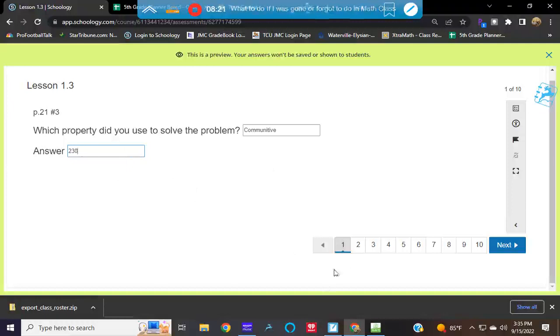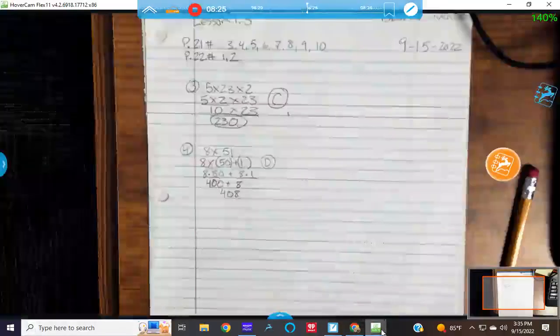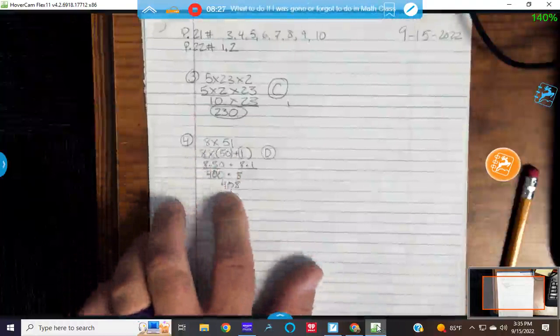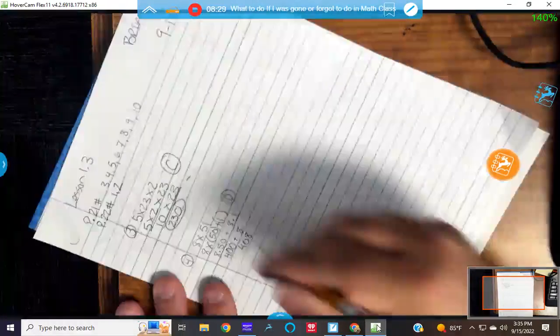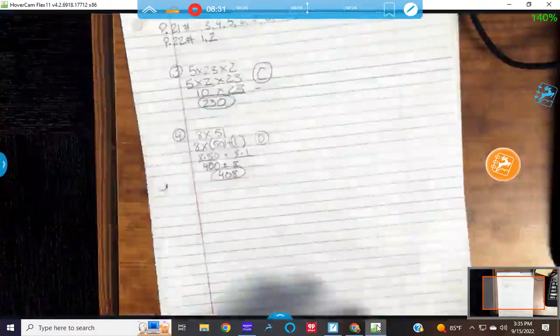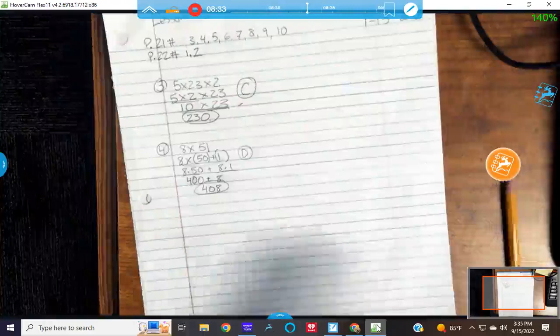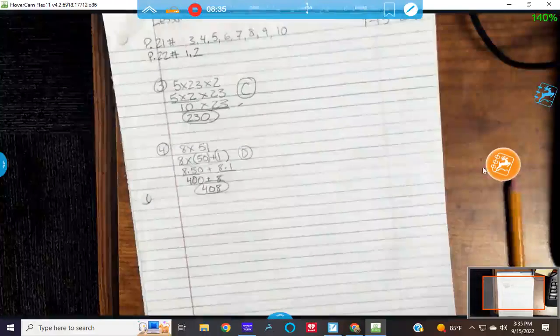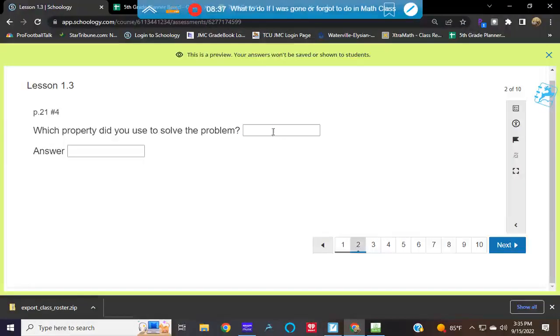So now I'm ready for question number 2. When I click that, I know that my question number 2 says my answer was 408, and I used the distributive property. So I'm going to say distributive property, and my answer was 408.